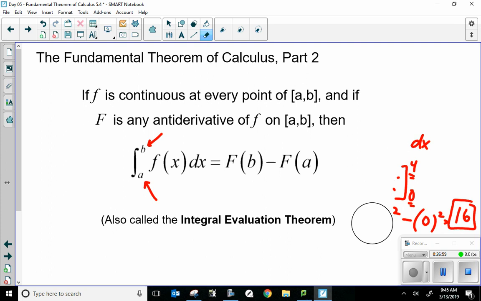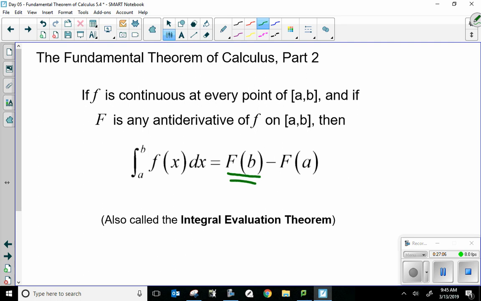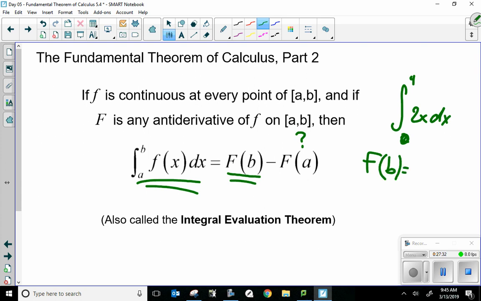So why do I point this out? Because a lot of the time, on a test, quite frequently on the AP exam, they might give you one of these and this integration and expect you to find the other one. And without having this pointed out to you, you might not make that connection. You should, but you might not. They might say, in that example we just did, the integration from 0 to 2 of 2x dx, you have this integration, and F of b equals actually 16.